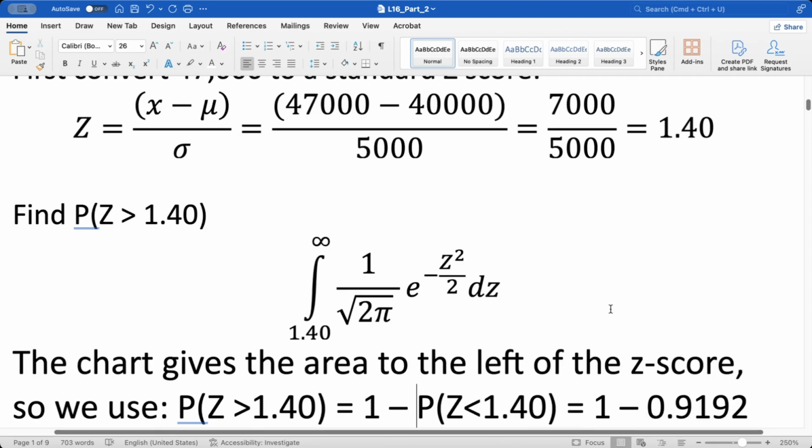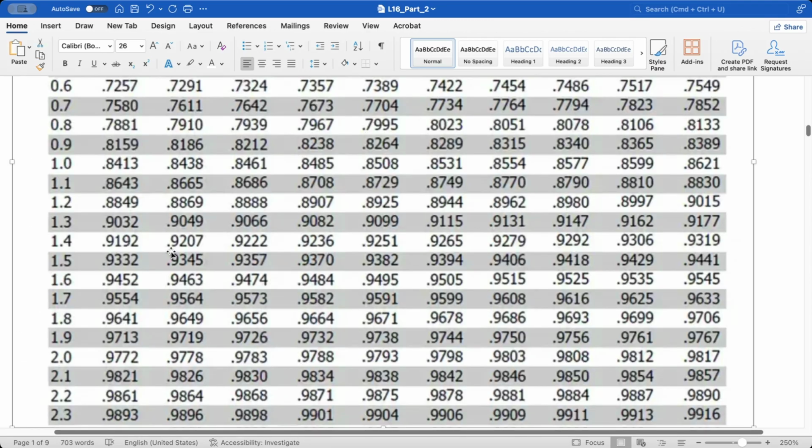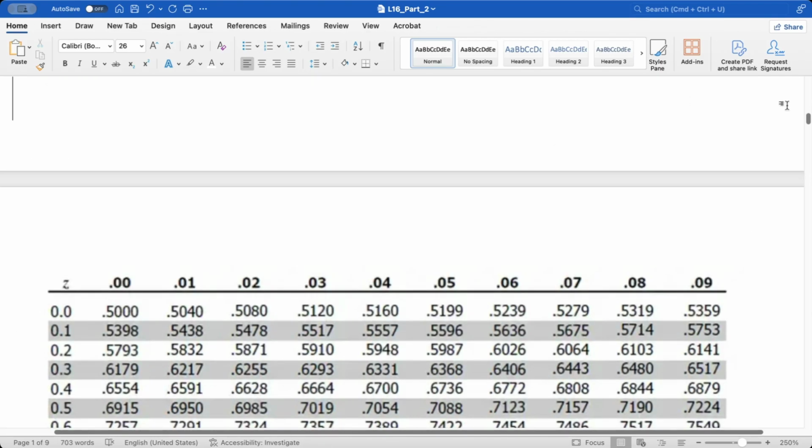Now, the chart gives the area to the left. The chart gives the opposite area, probability less than 1.40. So we have to do a subtraction. We're going to get the table value, and then we're going to do 1 minus the table value to get the greater than side. The greater than side is to the right. So we look up 1.40 on this chart here.